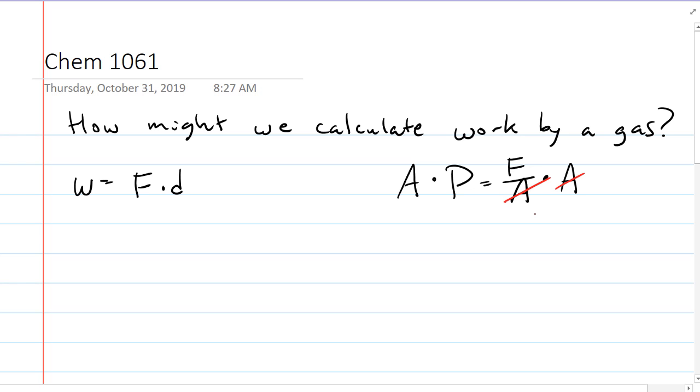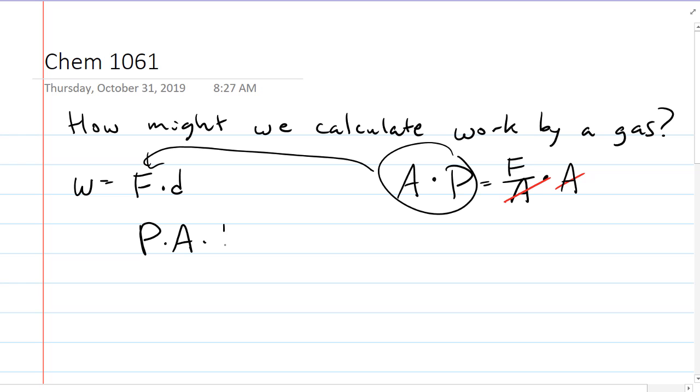So we find out that the force is equal to the area times the pressure. We then make that substitution for the force, and we find that the pressure times the area times the distance is equal to the work.